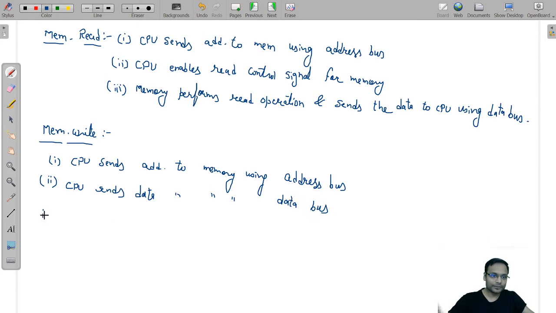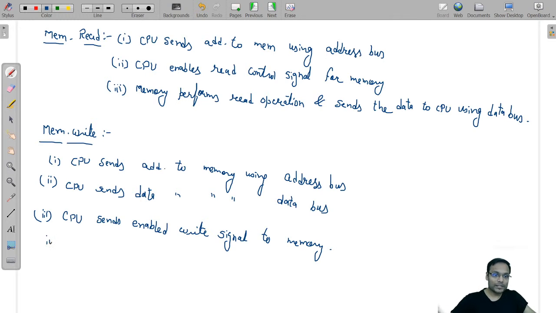And at the end, the CPU sends the enabled write signal to memory.